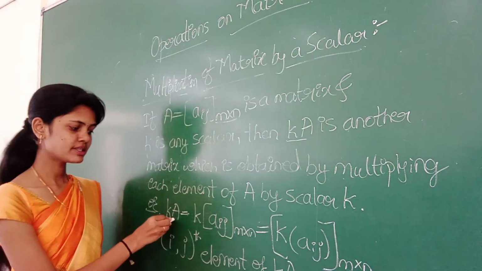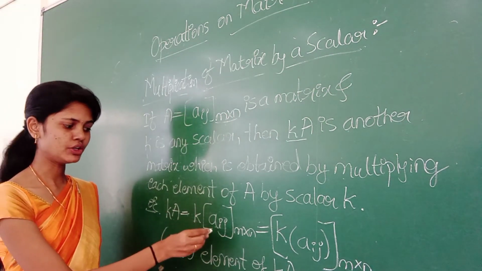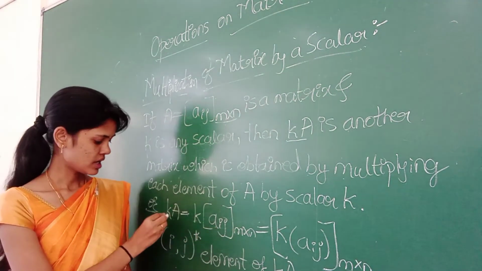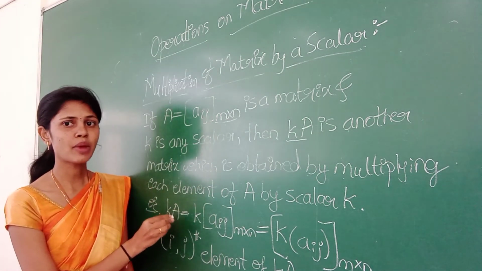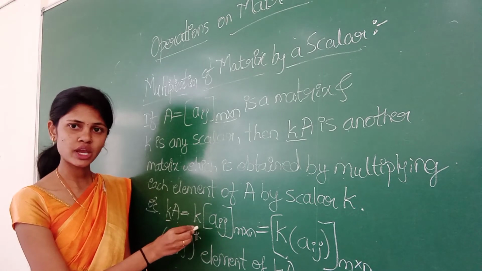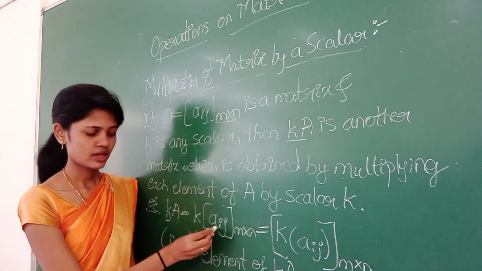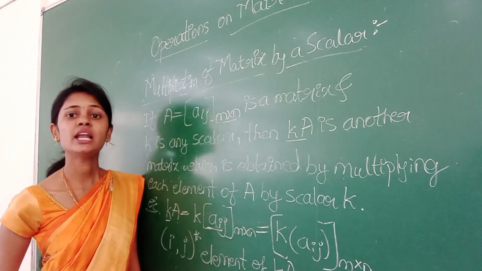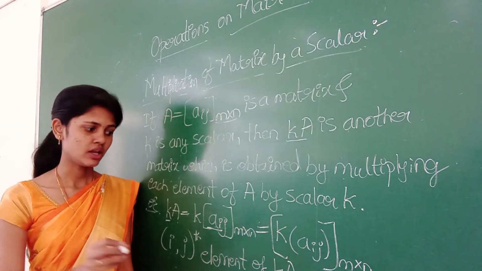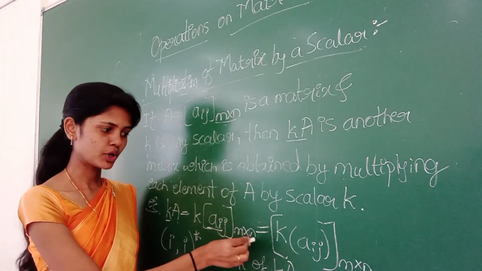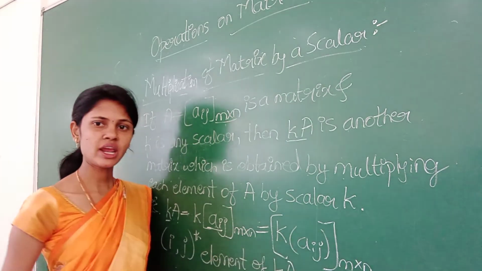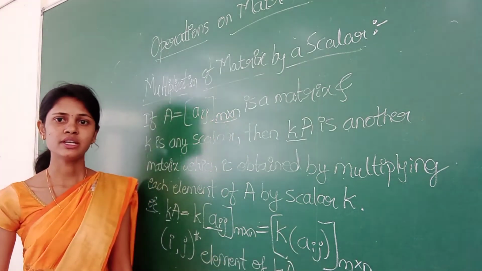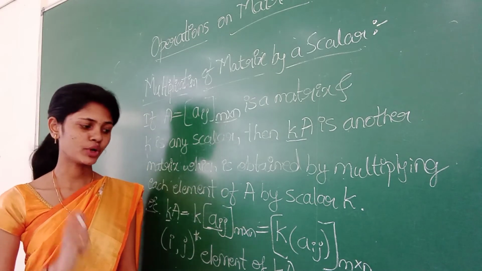So or else KA is equals to K into Aij. That means here K is the scalar quantity and A is the matrix, which is equals to K into Aij. Aij is the element of the matrix A of order m cross n, or else you can also write it as K into Aij of the order m cross n.